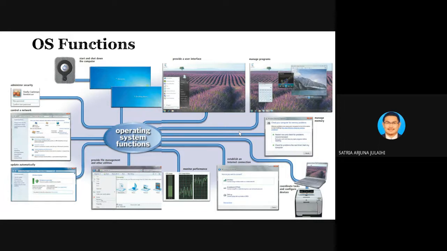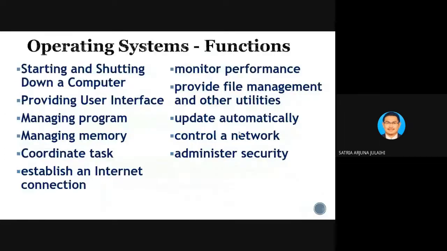Yeah, provide file management, updates. Yeah, updates of software, control network, and also security. Okay, let us look at some of it. Okay, these are the same list as shown in the picture just now. Okay, jadi ini secara list, itu tadi secara gambar.